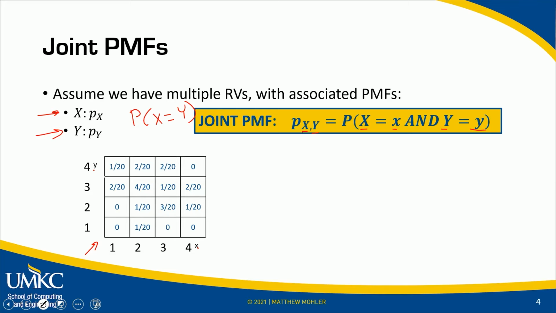This table, this grid, is actually a joint PMF. Since we have values here for the probability of each interaction between x and y, we have the probability of each of those interactions occurring.